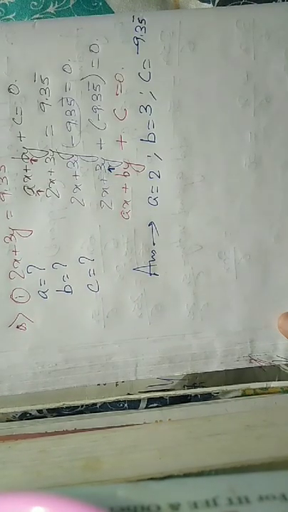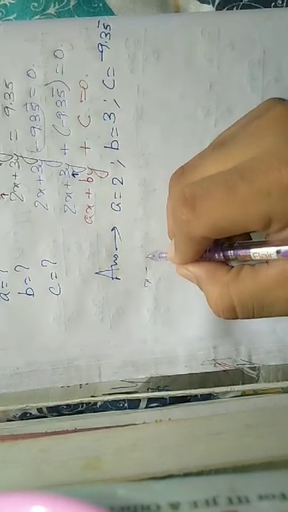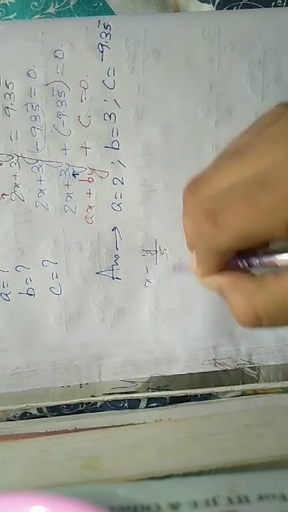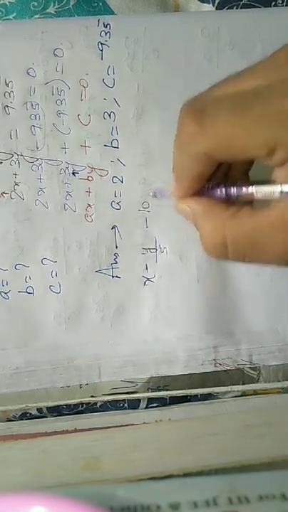They can give you multiple different kinds of equations. One such kind of equation, I know you can solve it, but still I'm doing this for you. Suppose this equation is there: x over 5 minus y over 1 minus 10 is equal to 0.